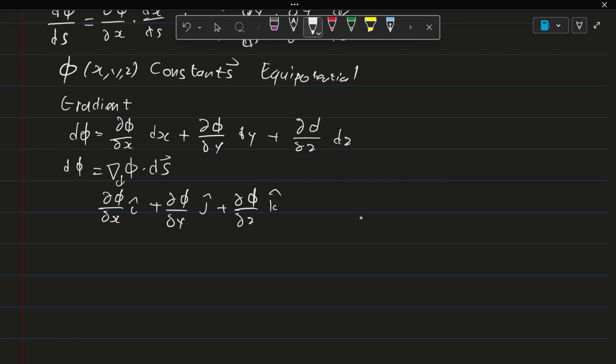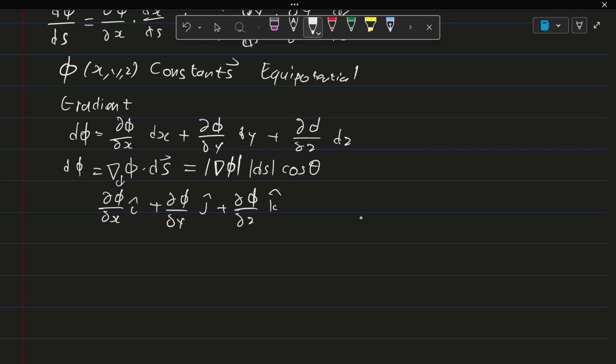So now what you observe here is that this is a vector quantity, and then if you dot it with the ds vector, you would get the d phi. Now, what physical meaning does it have? If you re-express this into the length of nabla phi with the length of ds cosine theta, you could observe the following.